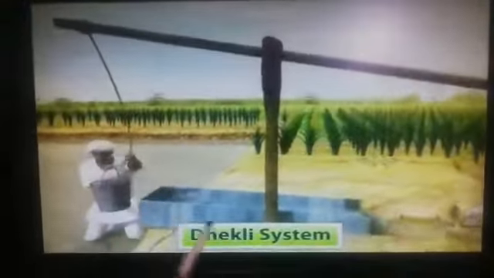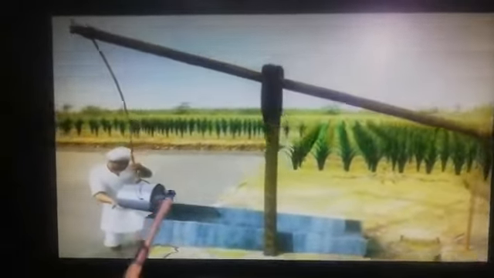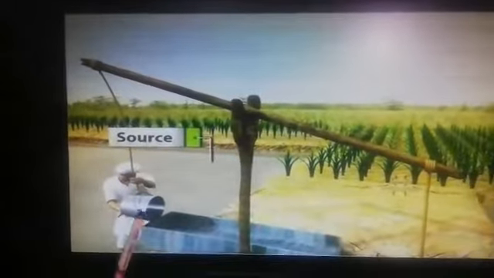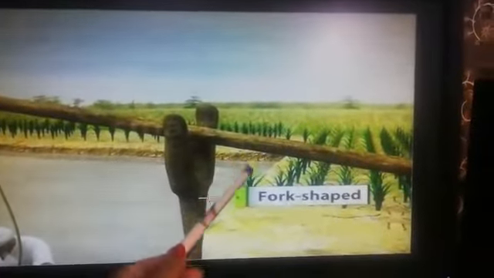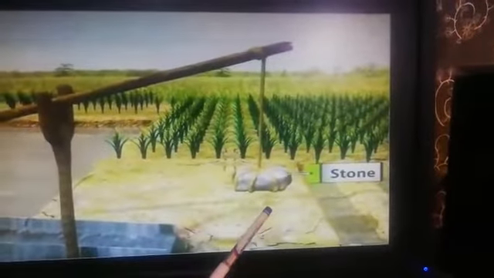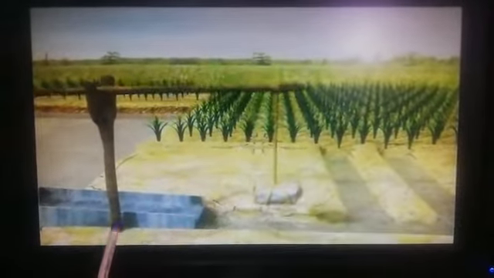And the next system is the dhelki system. In the dhelki system, you can see the sources. The source is the man. You can see the sources here: fork shaped, log, and stone. These are the four sources the man is using in this system.